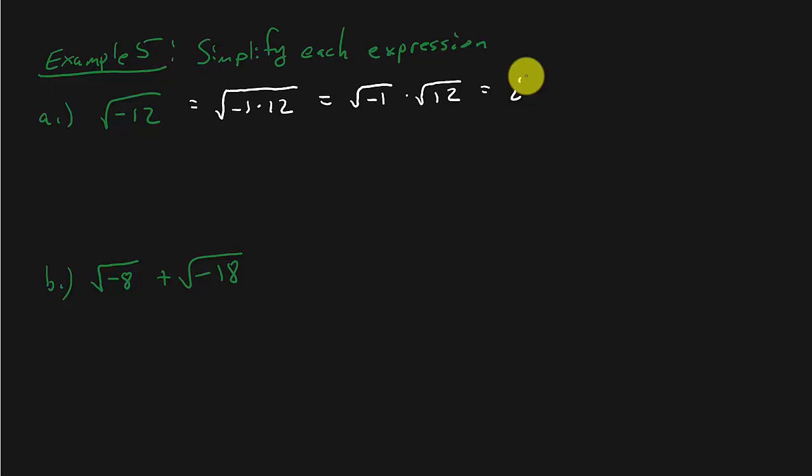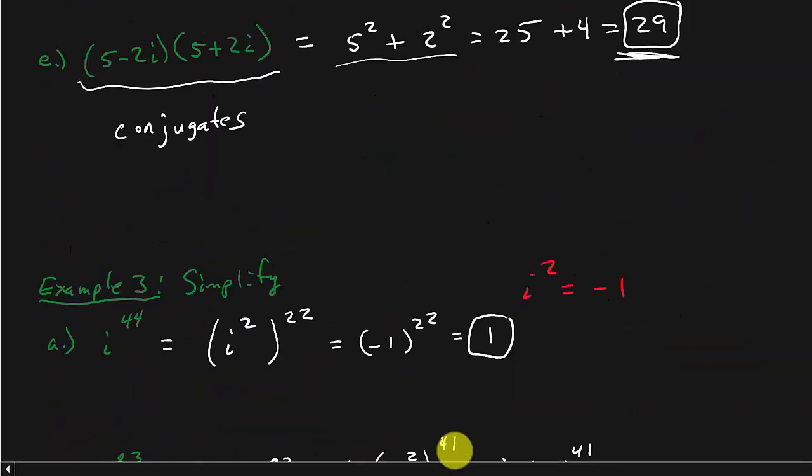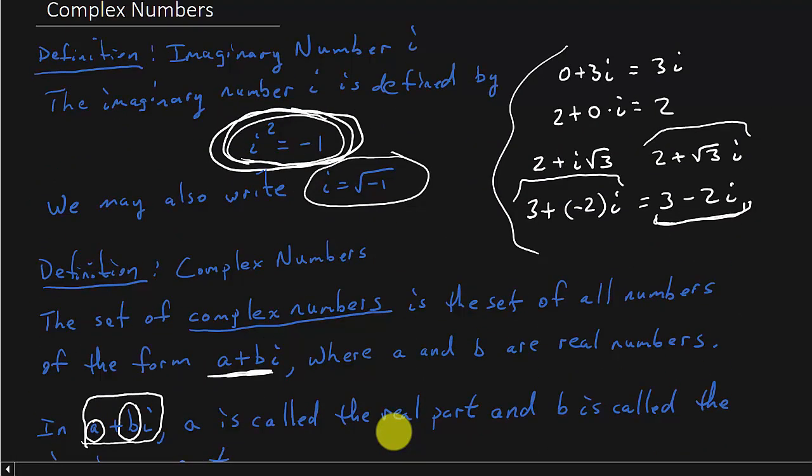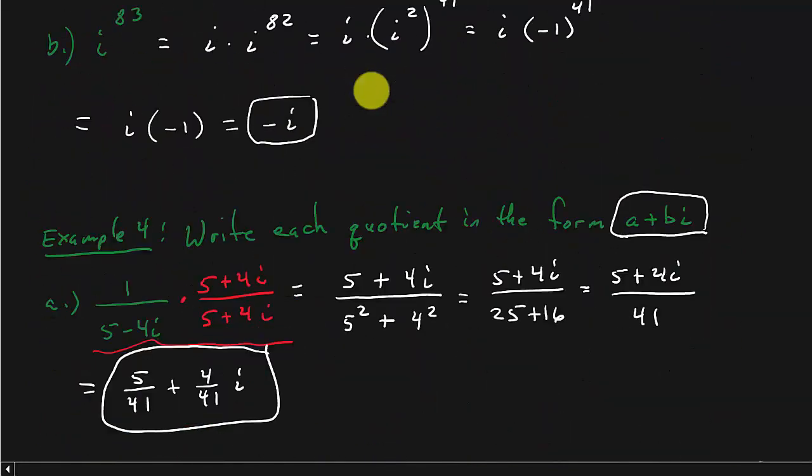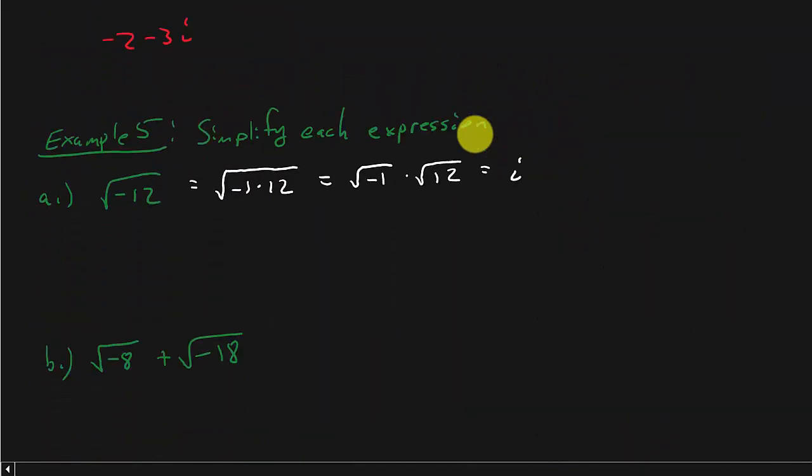Okay, remember it said, let me just go back up here so I can show you. See, we may also write i is equal to the square root of negative 1, and that's where that came from. Okay, so let's come back down here. So the square root of negative 1, that's i, times the square root of 12.